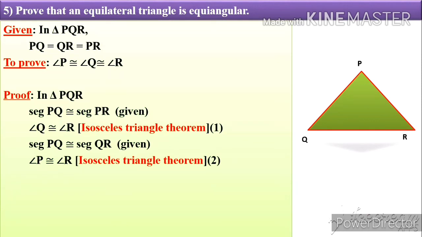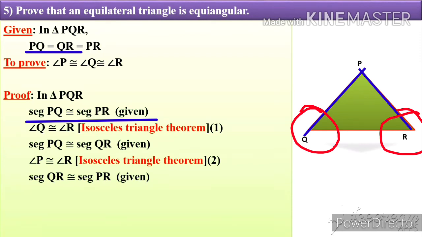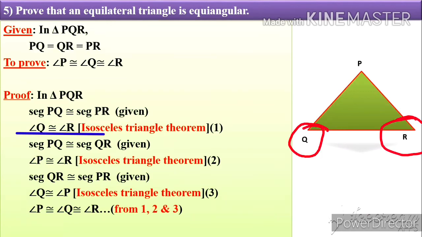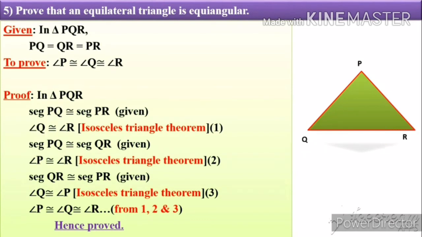Proof. In triangle PQR, segment PQ is congruent to segment PR. It is a given information. So, from PQ and PR, by the isosceles triangle theorem, angle Q is congruent to angle R. Give the equation number 1. Same way, segment PQ is congruent to segment QR is a given information. By isosceles triangle theorem, angle P is congruent to angle R. Give the equation number 2.